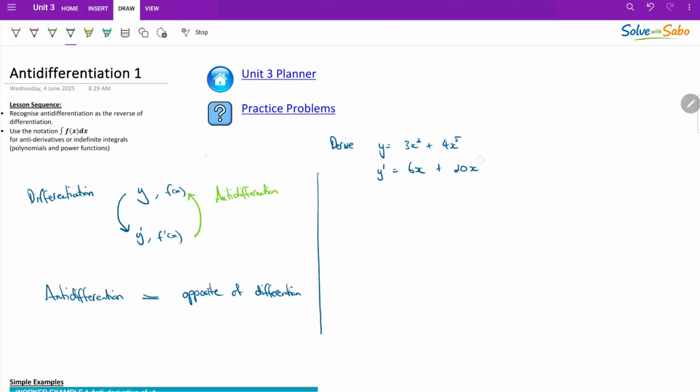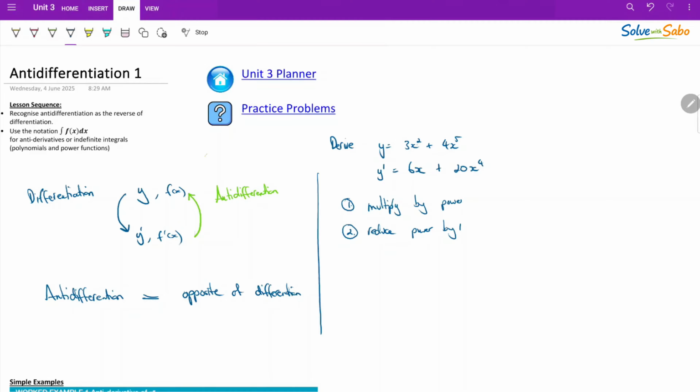Multiply by my power, reduce my power by 1. Now in both of these cases, our steps were: multiply by power, reduce power by 1.